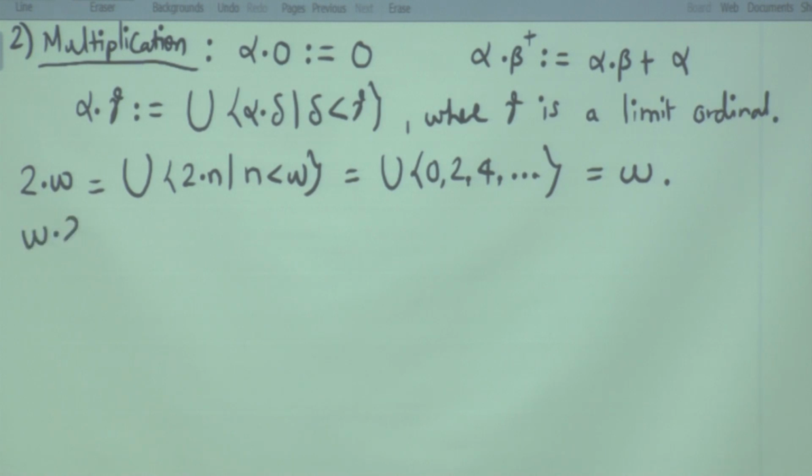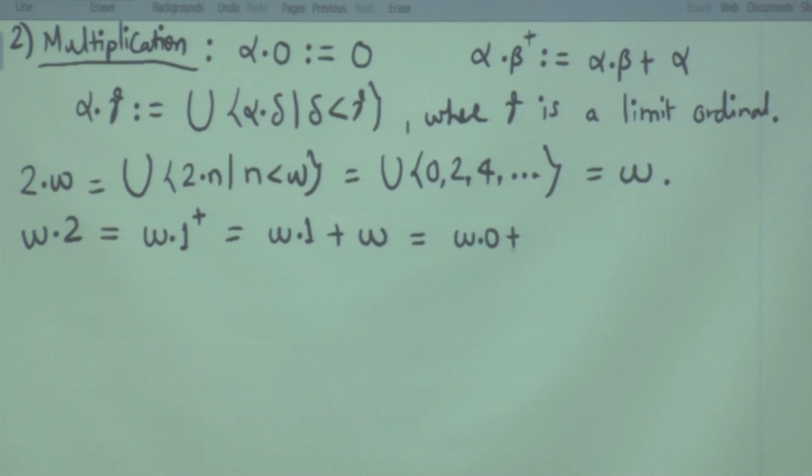However, omega dot 2, what is it? Omega dot 1 plus omega. Again for the first one, what is omega dot 1? Omega dot 0 plus omega. Well, what is omega dot 0? So 0 plus omega and plus omega.